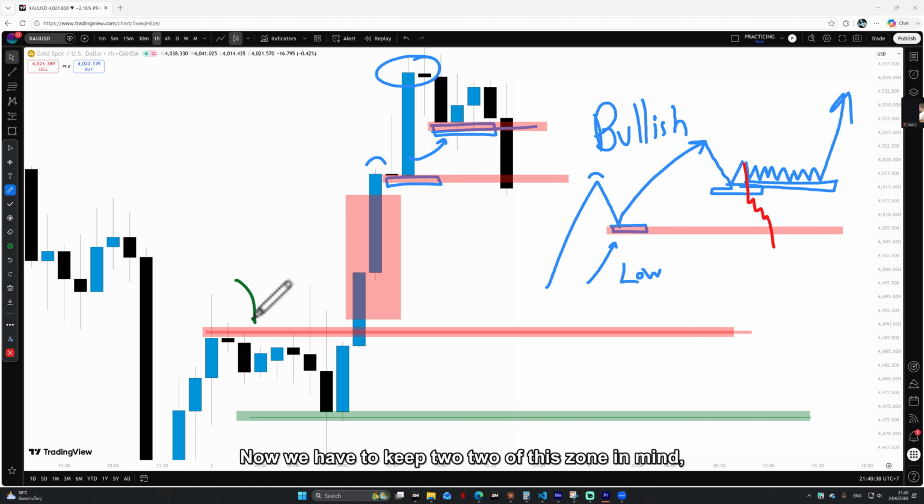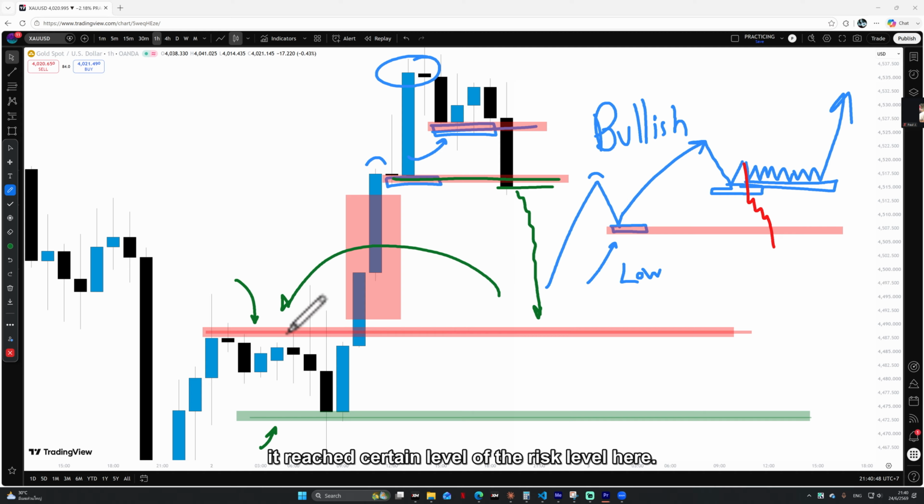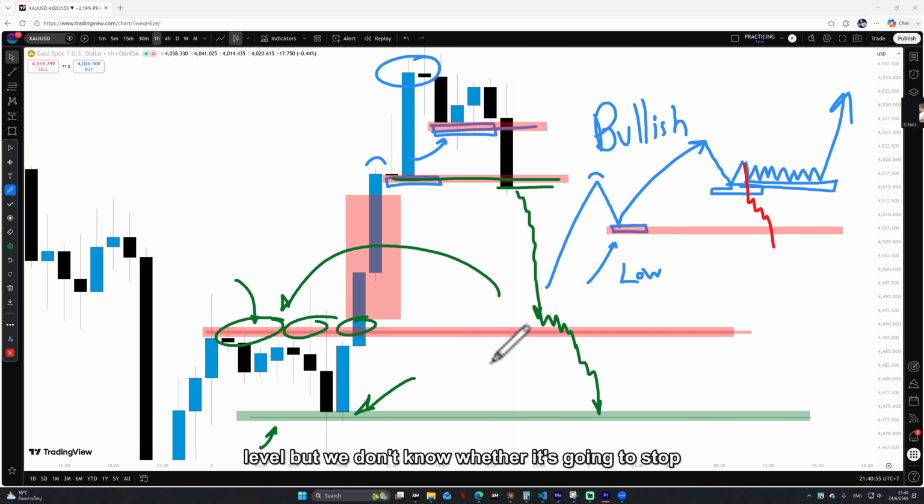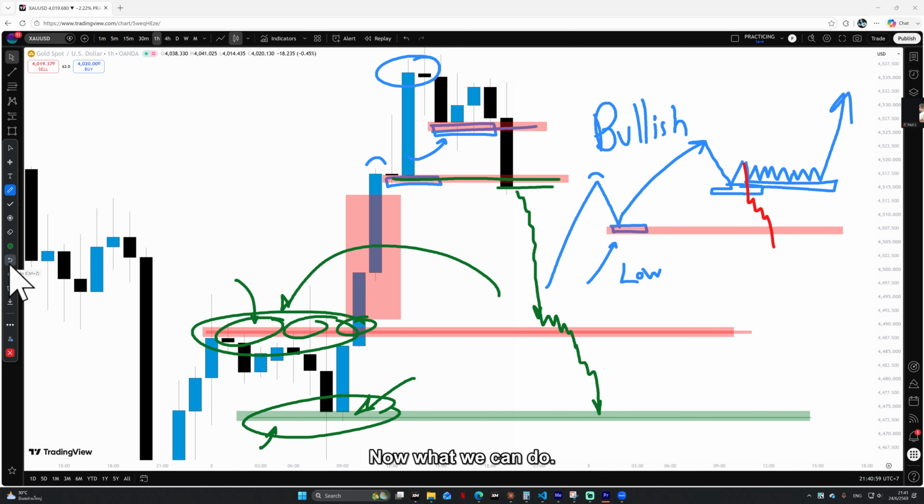Now, we have to keep these two zones in mind because sometimes price closes below the support level, you take a sell, and price keeps going down until it reaches a certain level of the resistance level here. But sometimes it's gonna keep going down to this support level, but we don't know whether it's gonna stop here or stop here. Now what can we do?